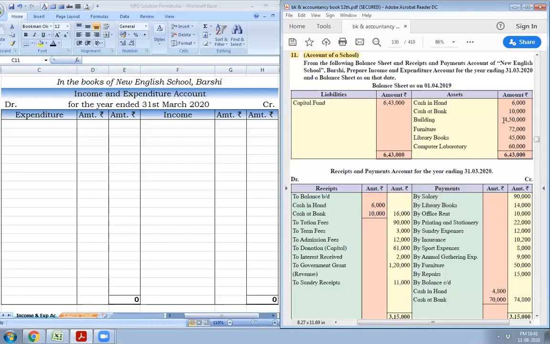Then building, being a fixed asset, we will transfer to the next year's balance sheet, asset side. Same with furniture, library books and computer laboratory.